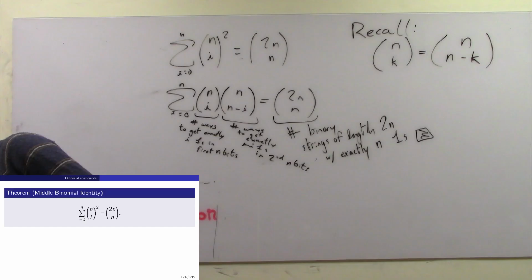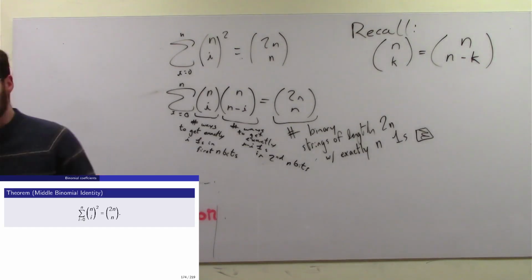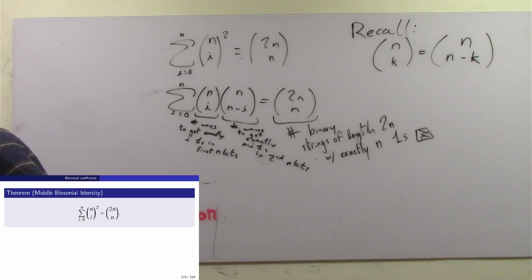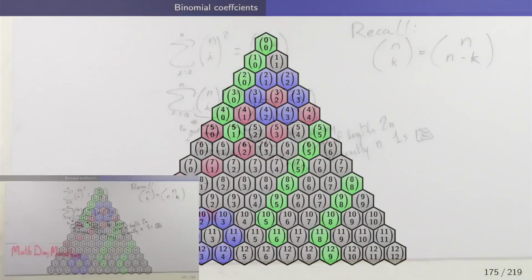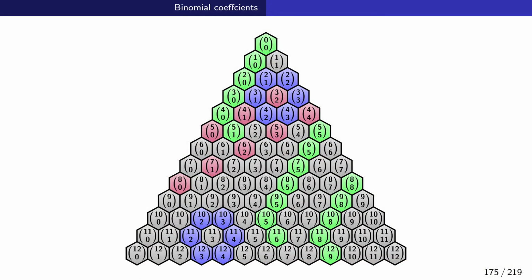Let's see. So now that was sort of a refresher in a way. So now let's get back to Pascal's identity and what we can do with it. Let me make this a big picture. Ooh, there we go. Awesome. So Pascal's identity allows us to recursively build all of our binomial coefficients.